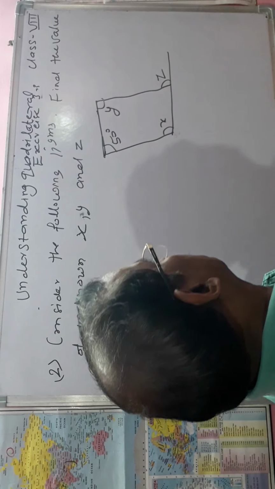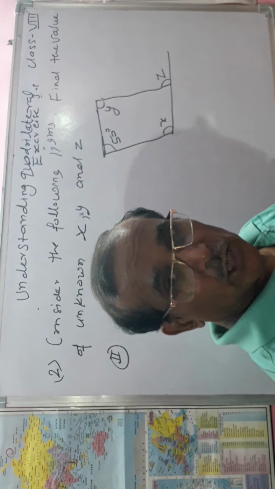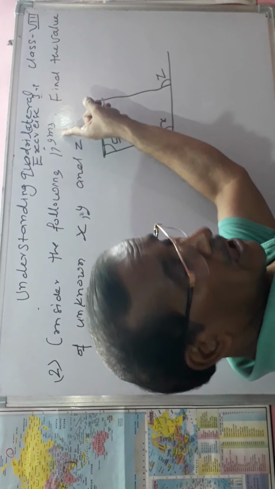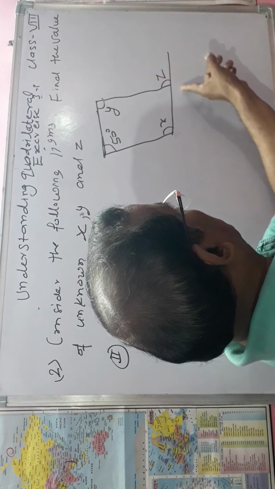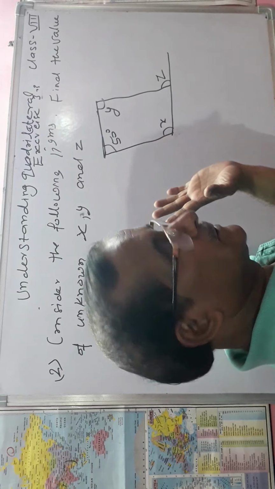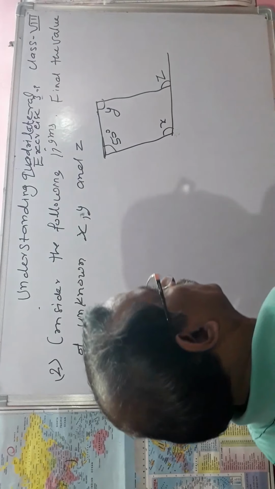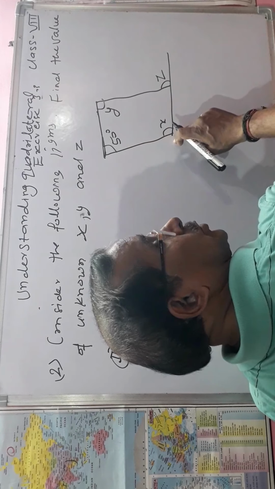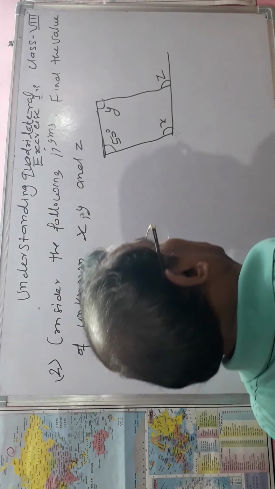We know that it is a parallelogram because it is given. We are given that this figure is a parallelogram. Therefore the sum of adjacent angles is equal to 180 using the property.